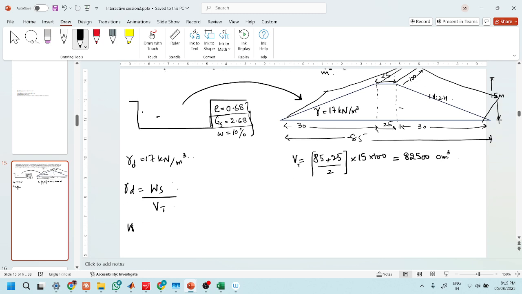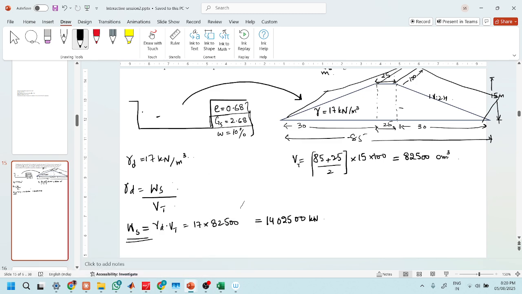From there, we know that the weight of solids that we require is gamma d times total volume, which is 17 times the volume. This is the weight of solids that we require.